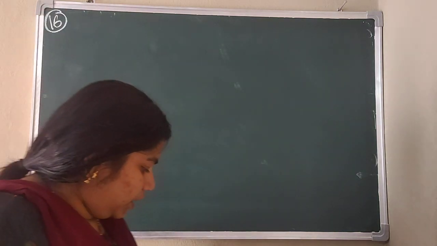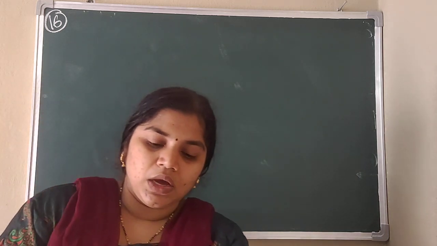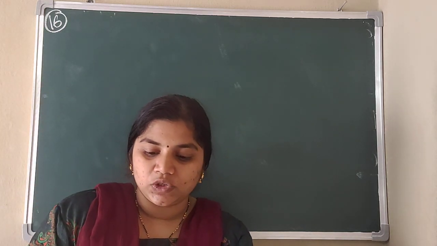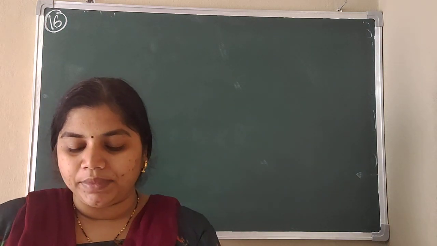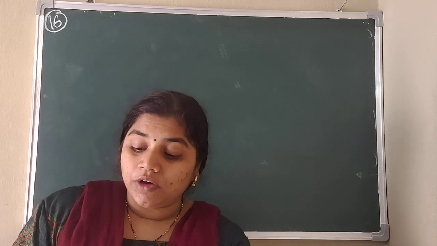So what is 16? The perimeter of a school volleyball court is 177 feet and the length is twice the width. What are the dimensions of the volleyball court? So we have to find the length value and breadth value for this volleyball court.